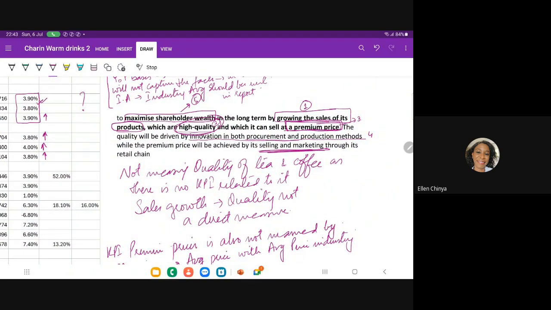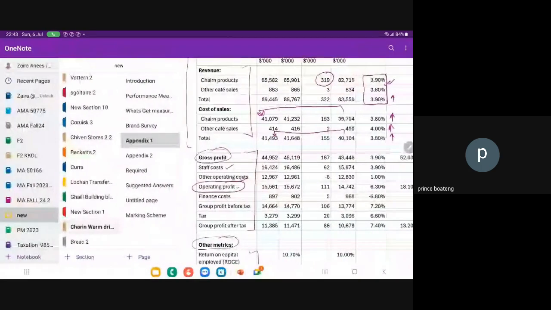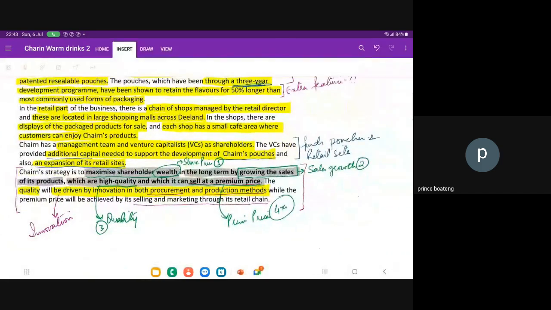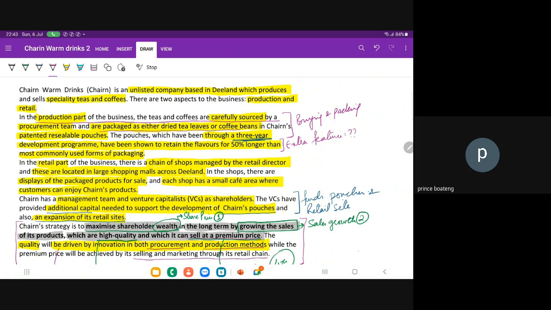Anyways, innovation in both procurement and production method. So let's try to understand what the procurement and production method was. In the production part of the business, the tea and coffee are carefully sourced by a procurement team and are packed as either dried tea leaves or coffee beans in Sharon's patented resealable pouches.